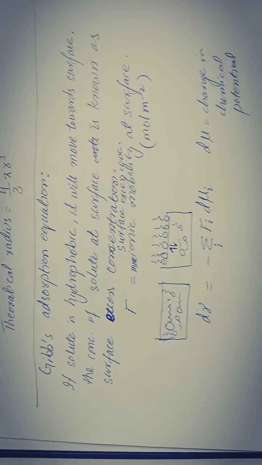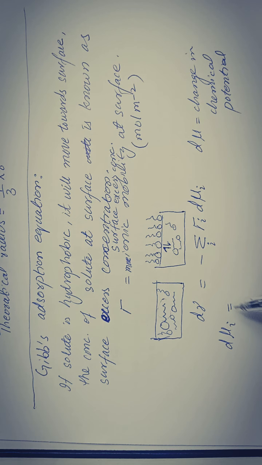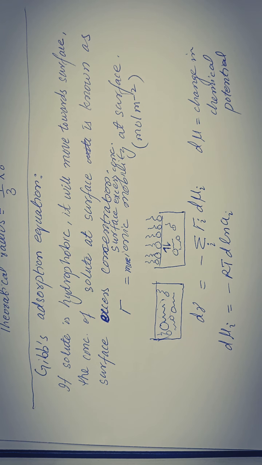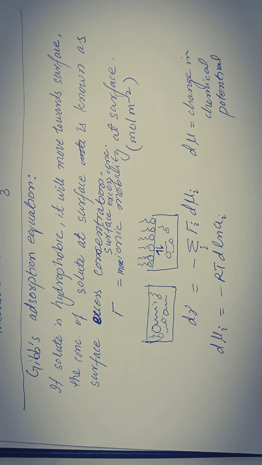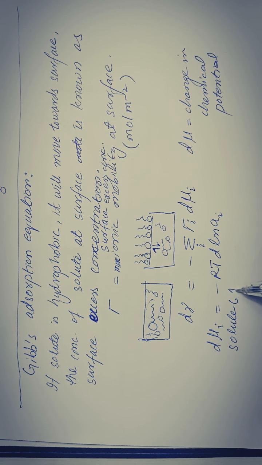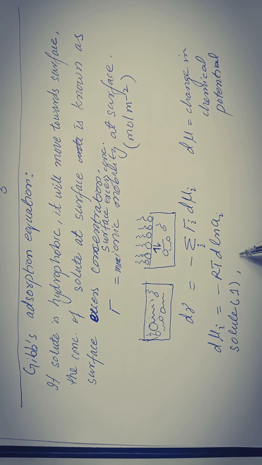So the change in individual chemical potential is represented as minus RT d log natural of activities. So we have activity for solute, that is 1, and the second species is solvent.